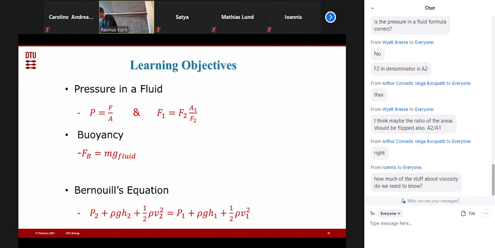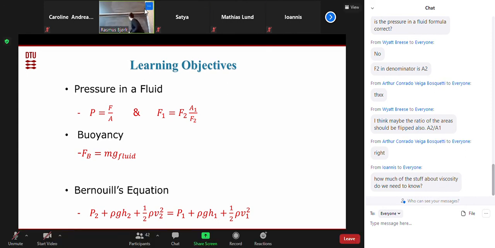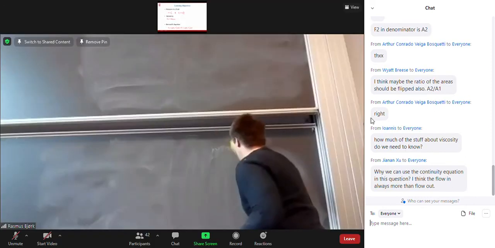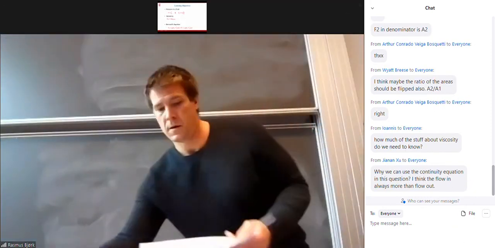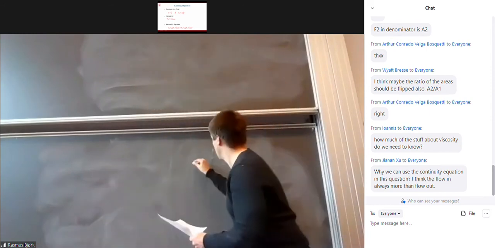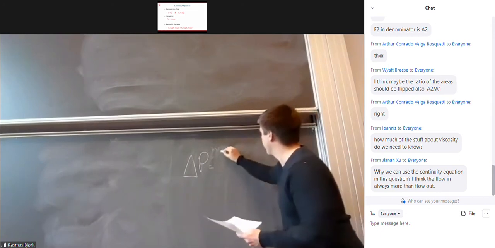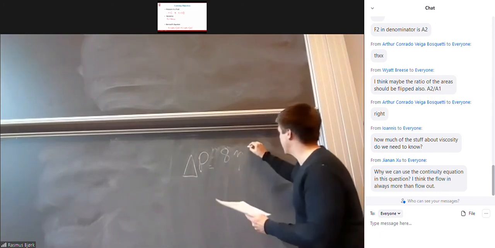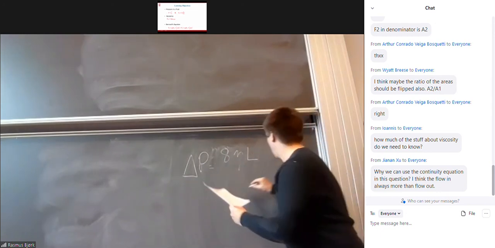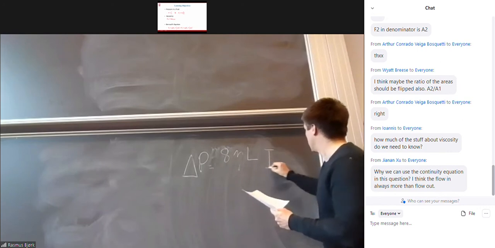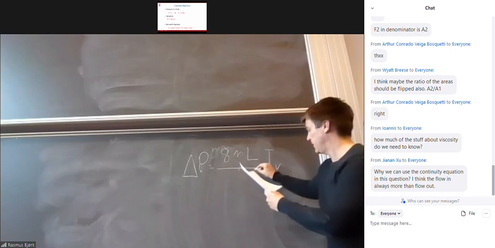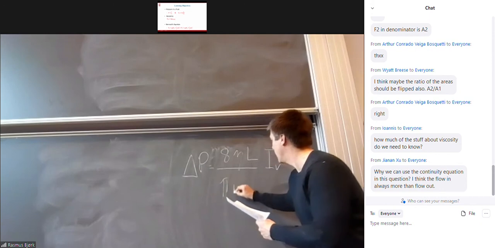Right. Yeah, the pressure drop equation. We have this equation here: our pressure drop equals 8 times our viscosity times our length times I V over pi r to the 4th.